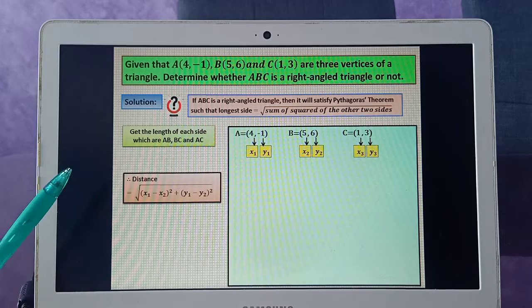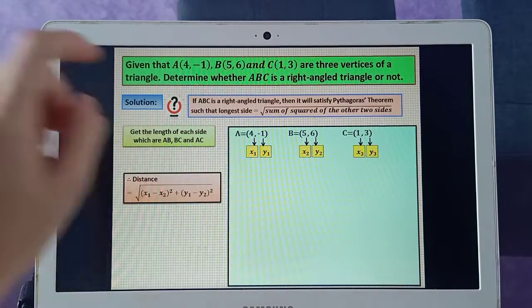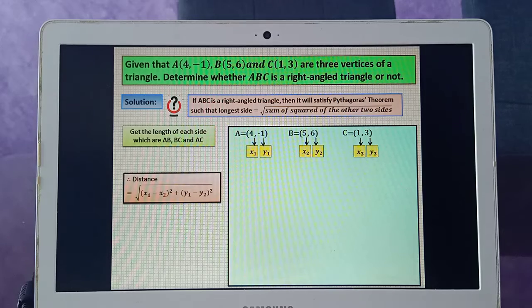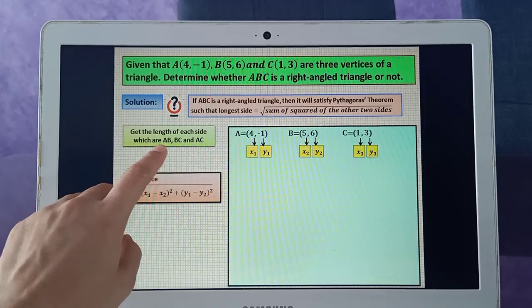In order to make it faster, I label vertex A as x1, y1, vertex B as x2, y2, and vertex C as x3, y3. So we will start with side AB.